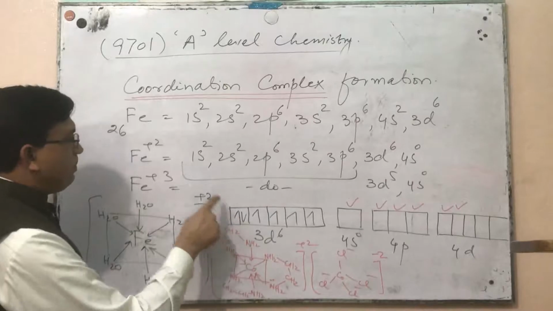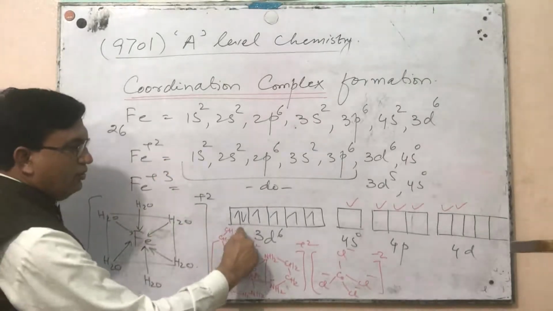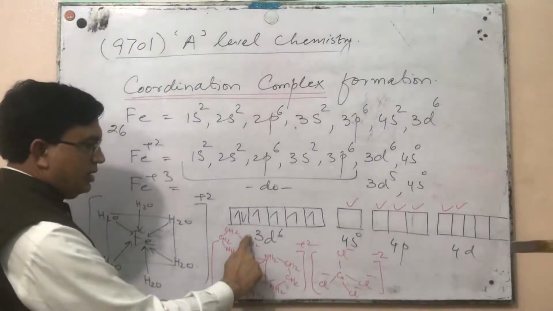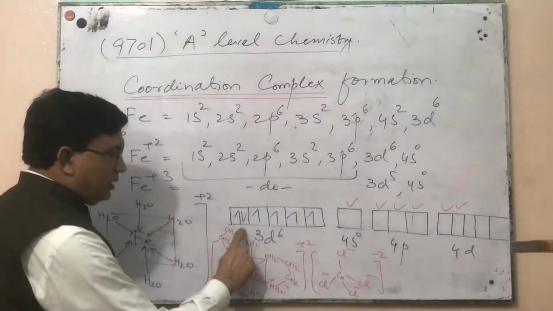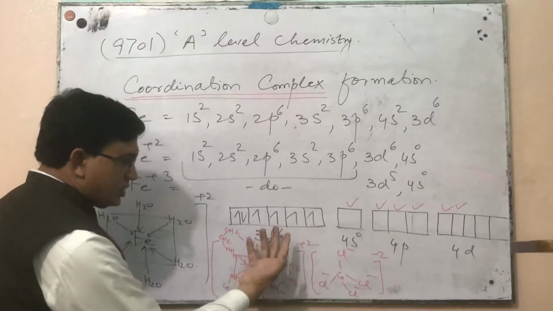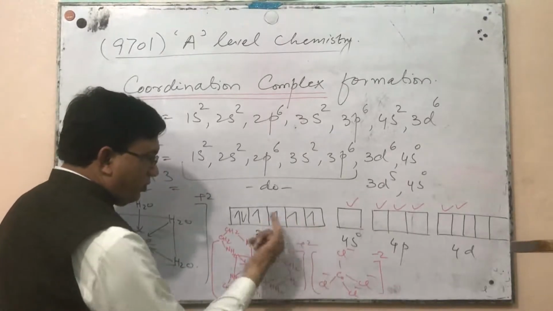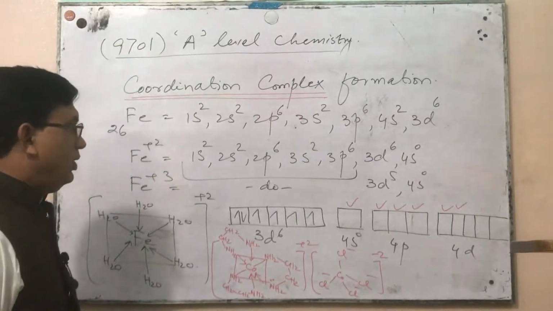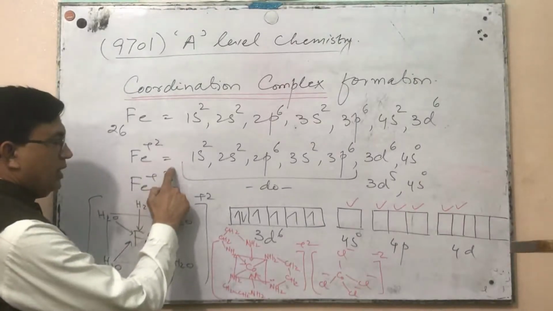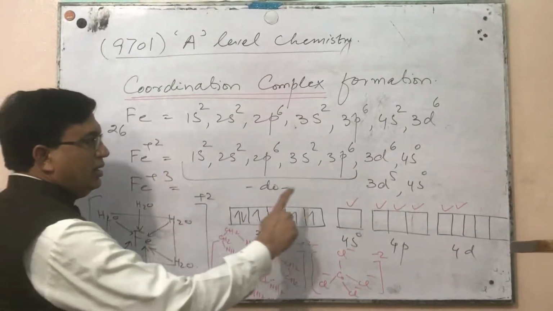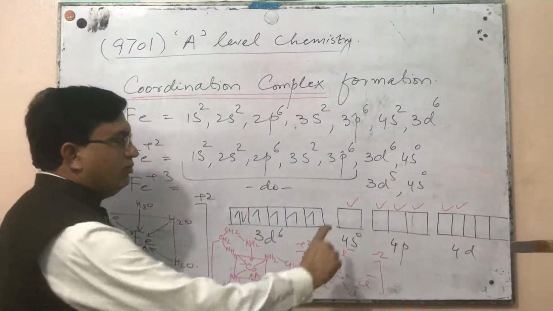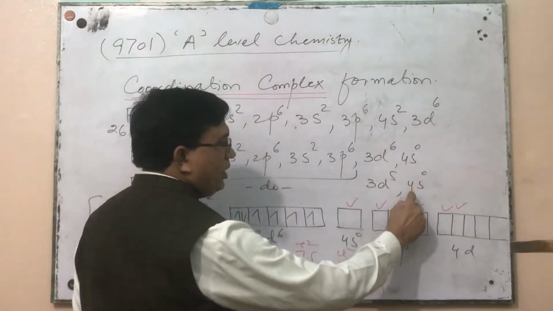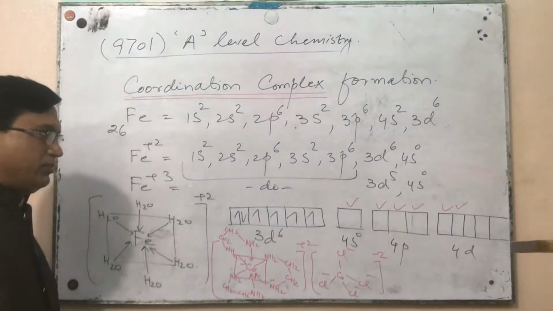This is the Fe positive 2 electronic configuration representation: the 4s electrons have gone, and in 3d, 6 electrons are present, and only one electron is paired. Whenever the Fe positive 3 electronic configuration is written, one electron from 3d will also be removed. That will become 3d5 and 4s0 electrons.